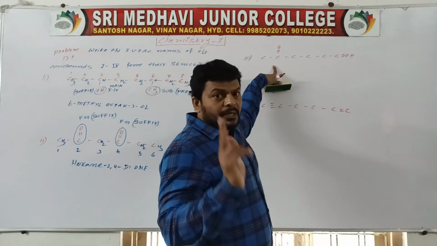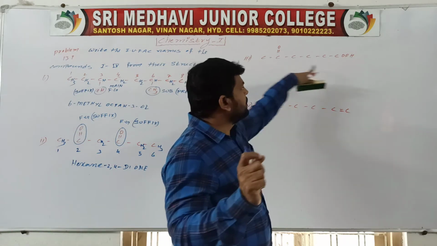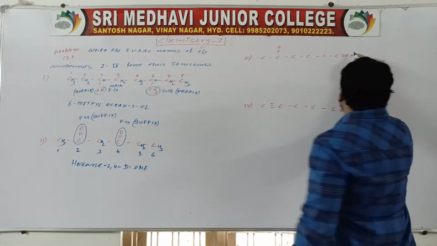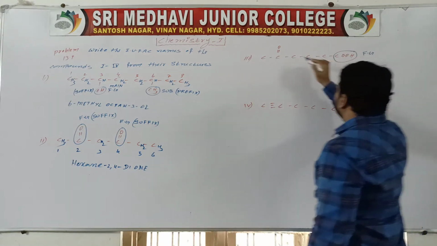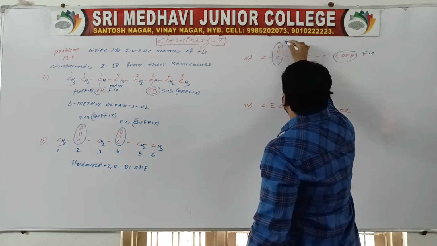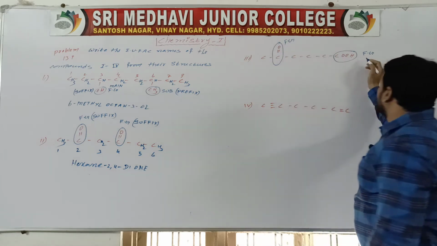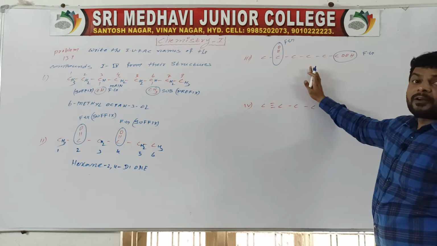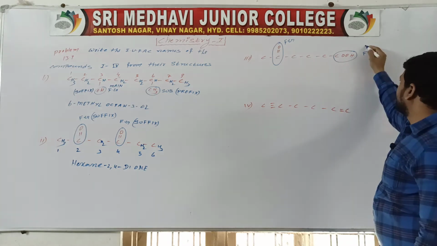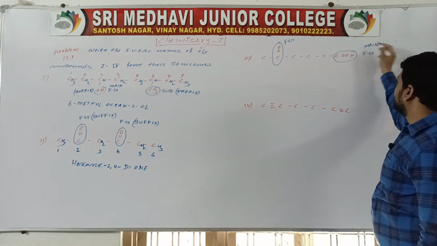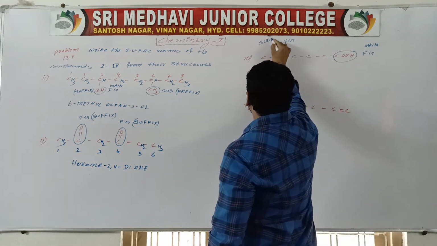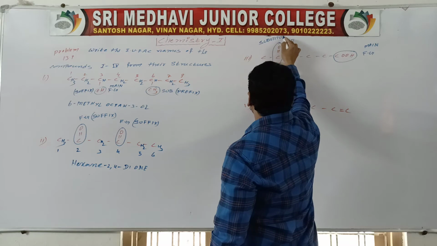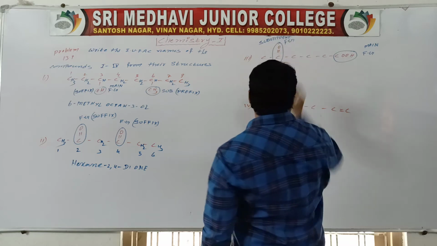Here you first have to identify the functional groups. COOH is one functional group and the other is another functional group. Which is of higher priority? COOH is the main functional group, and the other is a substituent functional group.